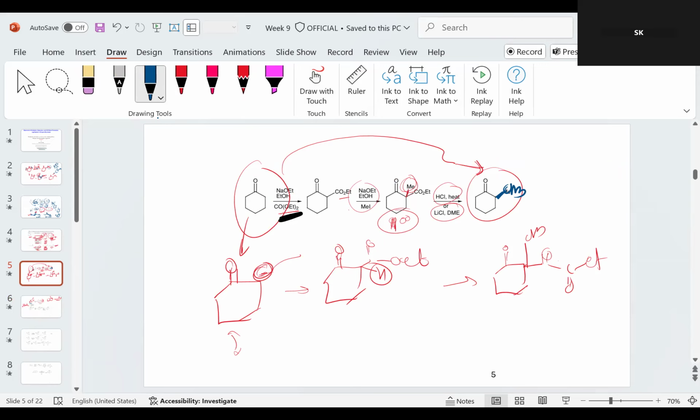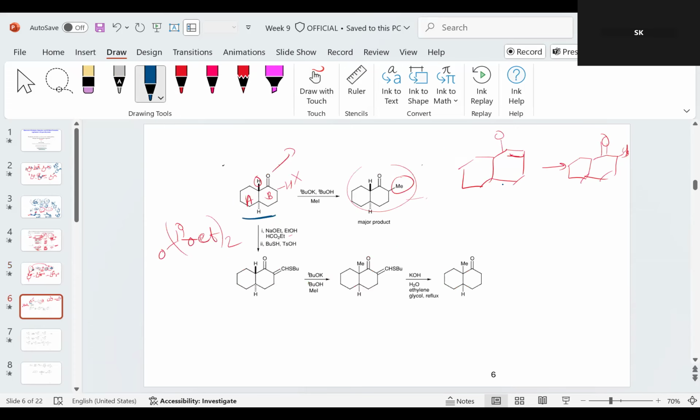That's what we used in earlier cases. So we added this additional ester followed by the methylation, and again we cleaved the ester to get the monomethylated product. But in this case, a different protocol is used.